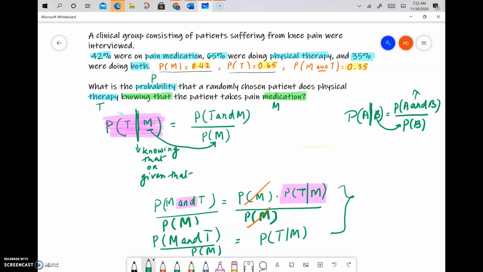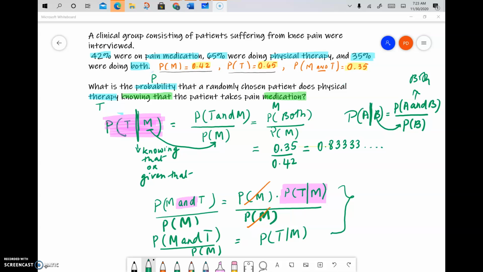So this is both. So similarly, we have P of T given M is P of T and M divided by P of M. So this is really P of both, which is given to us, divided by P of M, which is the probability of medication. And that is, probability of both is 0.35 divided by probability of M is 0.42, which is equal to 0.833333.